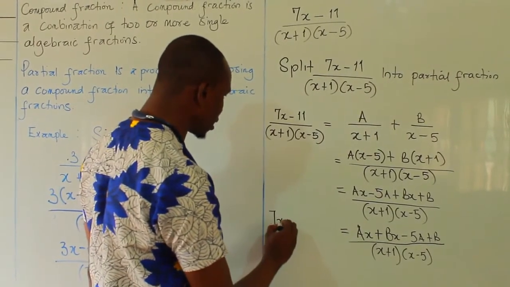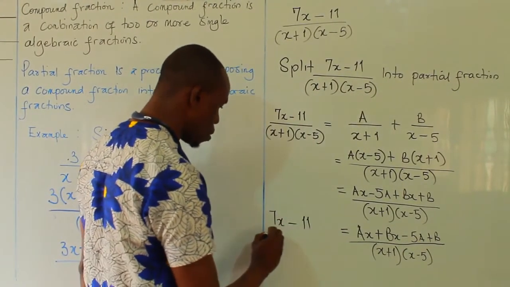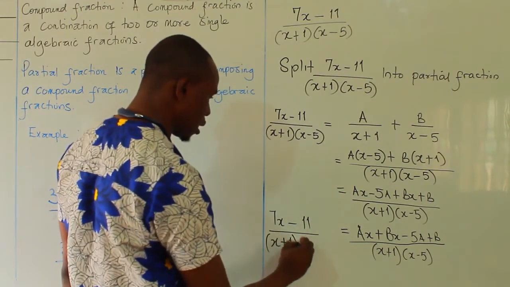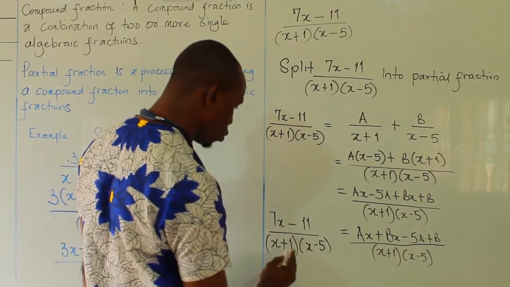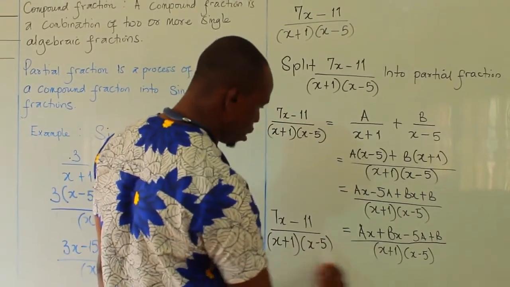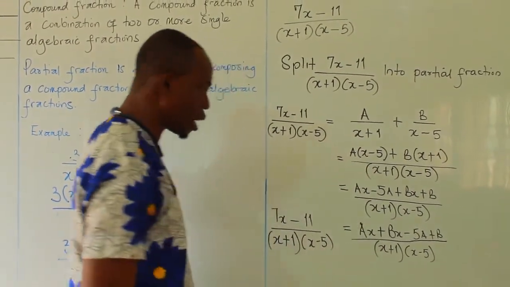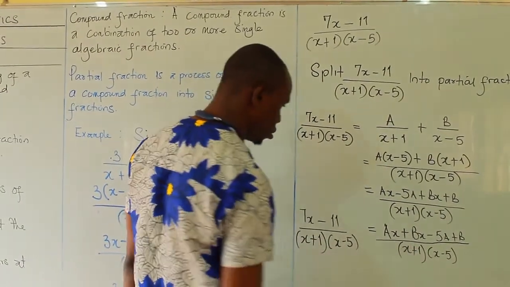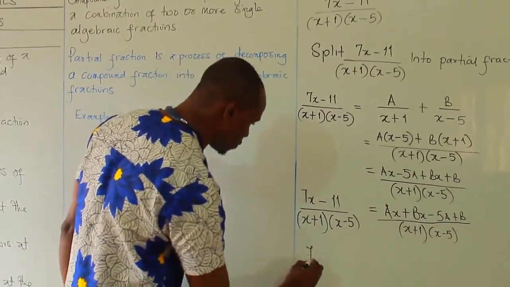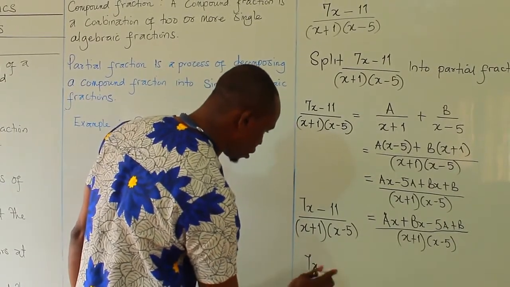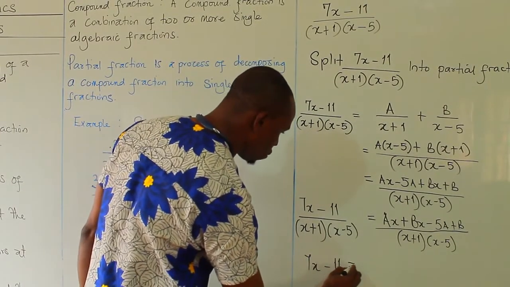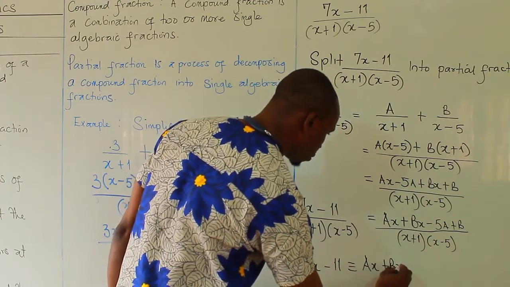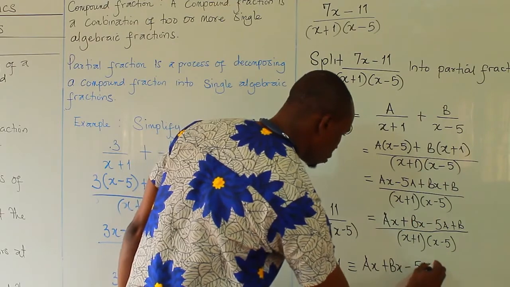So I can write here 7x minus 11 over x plus 1 and x minus 5. Now for the denominators to be the same, it means that the numerators are equivalent. So I write it as 7x minus 11 is equivalent to ax plus bx minus 5a plus b.